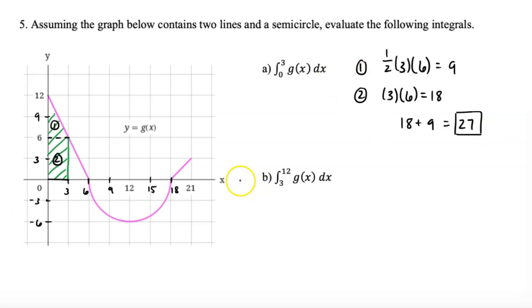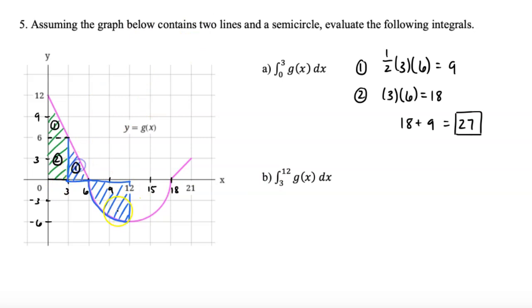So now the integral from 3 to 12. So now I am finding this area right here, 3 to 6, and from 6 to 12. And this area down here. All right, again, I'm going to break this up into 2 different regions.